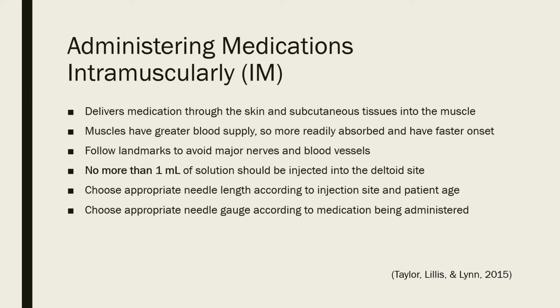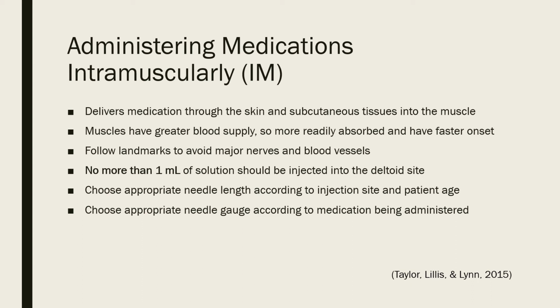So there are certain landmarks that you have to follow to avoid hitting major nerves and blood vessels. You want to give no more than 1 milliliter of solution into the deltoid site, so that's in the arm. So if you have a medication that's more than 1 milliliter, then you have to choose a different site to give the IM medication. And we're going to look at those sites in just a minute.